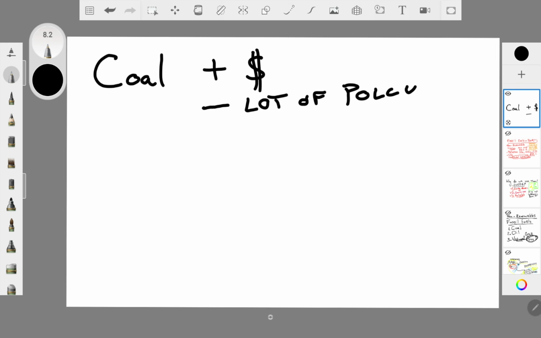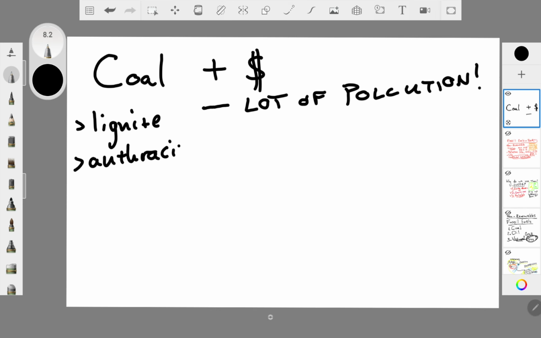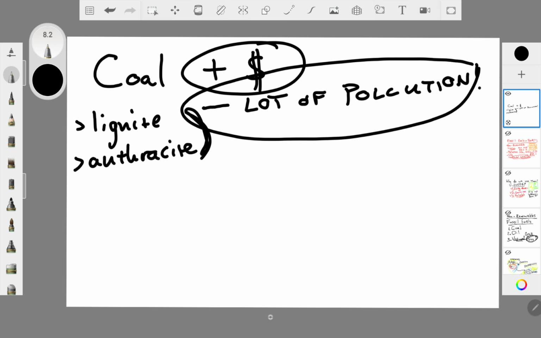It does not burn cleanly. There are also different types of coal. So we have lignite and anthracite. Okay, these are the main types you need to remember, these two. Okay, we burn different types of coal, but the thing they all have in common is they are cheap, but they make a lot of pollution.